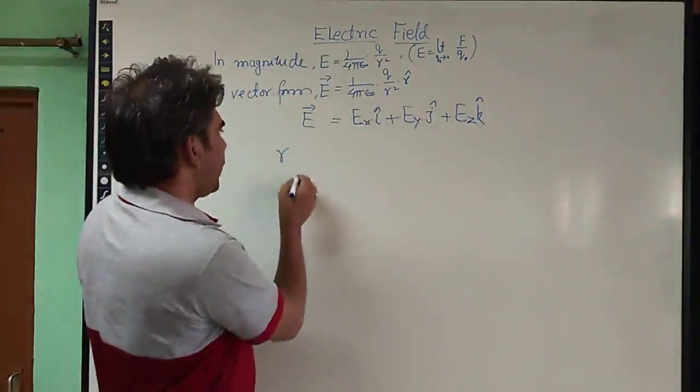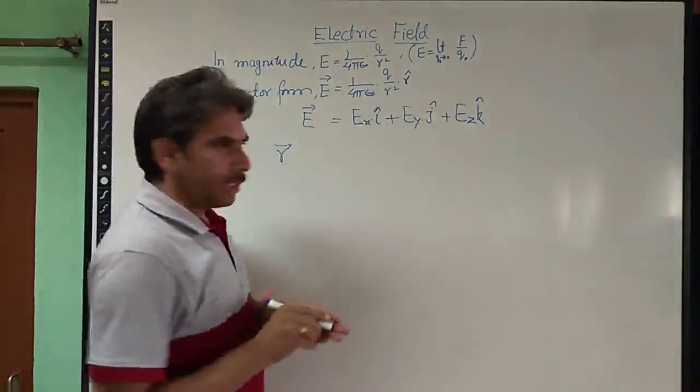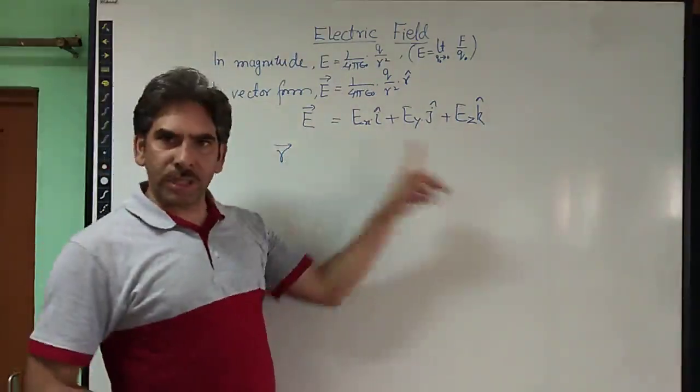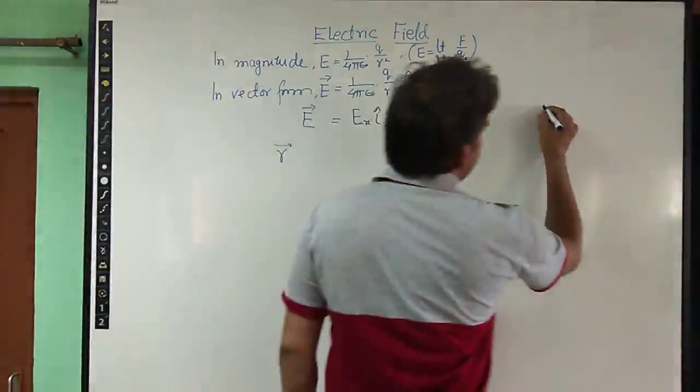This is the R vector. What is the R vector? It is representing the vector between the two charges, from the source charge to the test charge. So this is the R vector. Suppose that this is the situation.